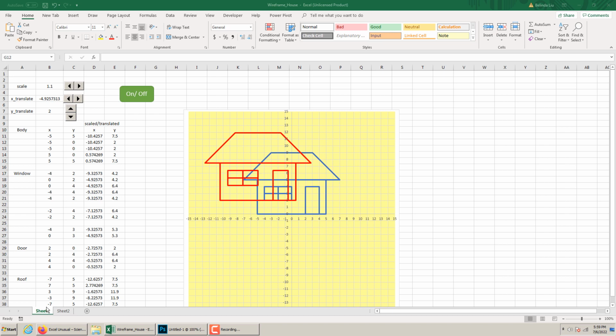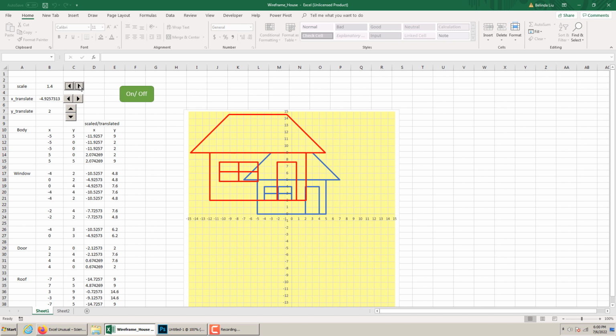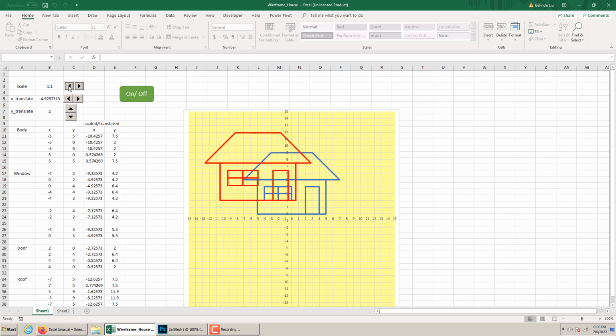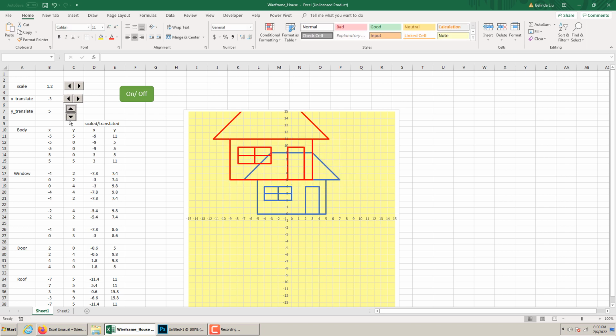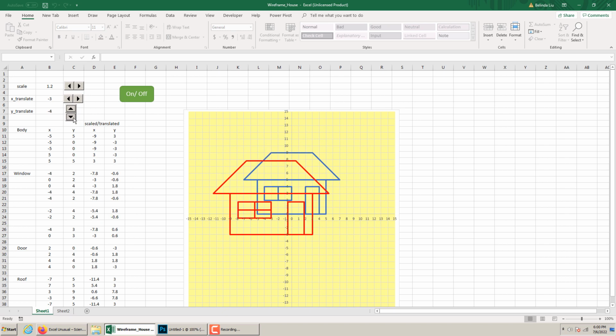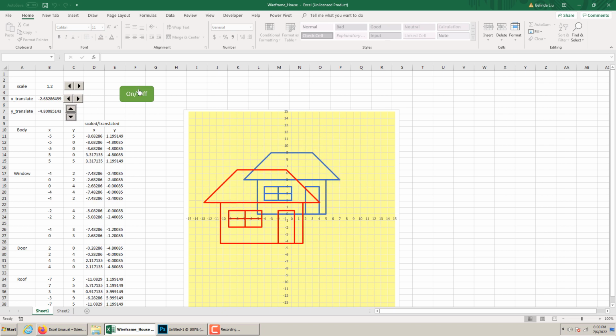In the previous tutorial we built this 2D house and we added some scaling. As you can see here, I'm clicking on these buttons and I added scaling, translation along the x-axis and translation along the y-axis, and also I added an animation.